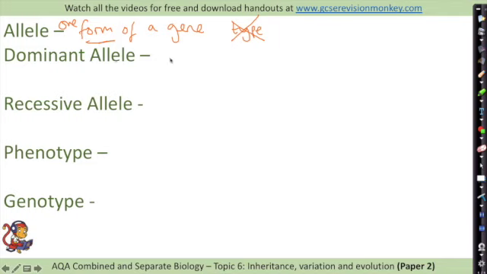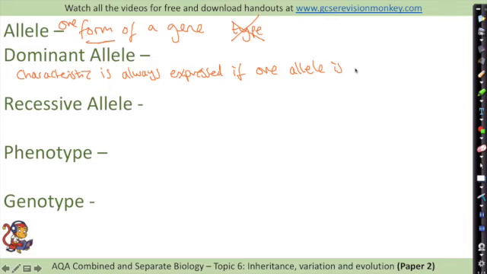A dominant allele means that a characteristic is always expressed if one allele is dominant. So if you have a dominant allele, a dominant form of a gene in your DNA, you will express that particular characteristic.